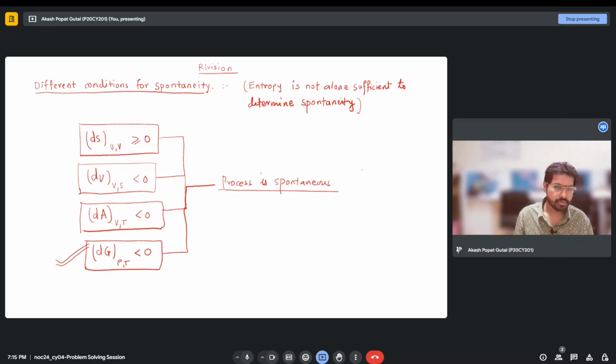If the change in Gibbs free energy is negative, then we call the process spontaneous. It's also true for the other three conditions, but mostly we use delta G, that is, the change in Gibbs free energy.